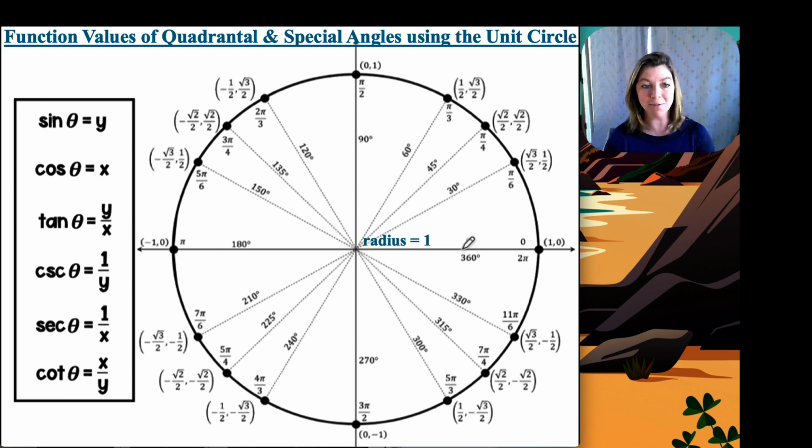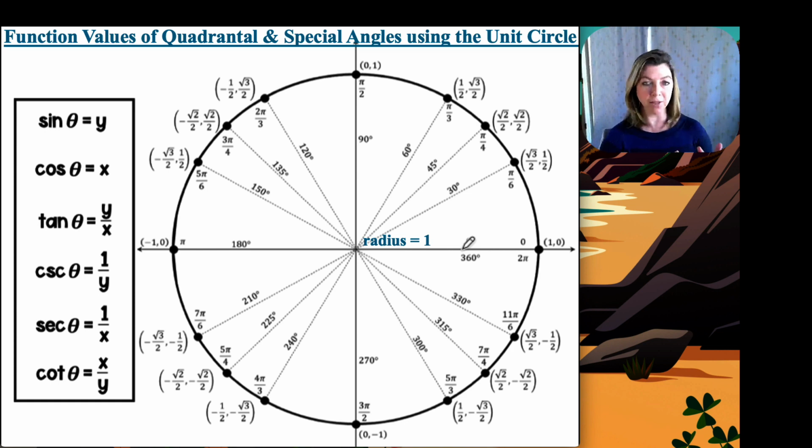So the unit circle is a very useful tool in finding the exact function values for these particular angles. Remember, these are the special angles, 30, 45, 60, and then they're congruent triangles in every quadrant, as well as the quadrantal angles.